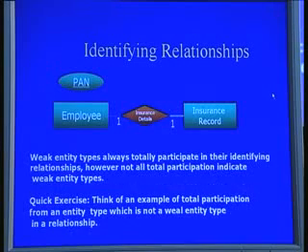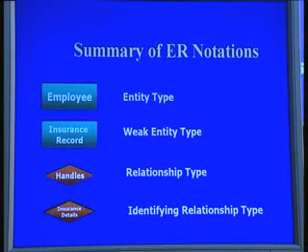So let us briefly pursue a summary of the different notations we saw. The first thing that we saw was an entity type, defined by a box, and a weak entity type, which is defined by a dotted line, which is not clearly visible here.